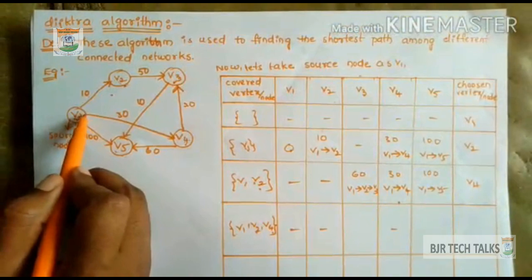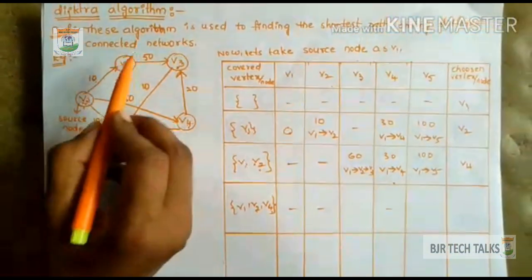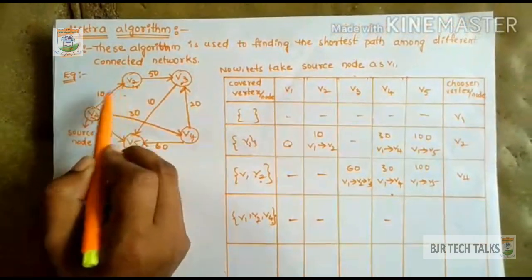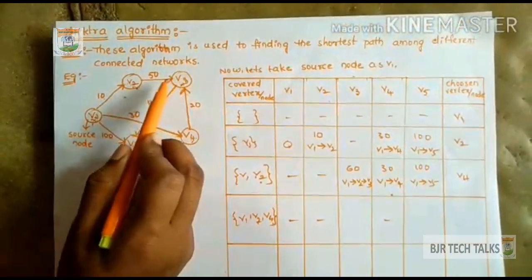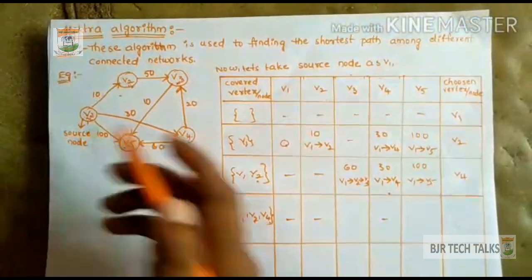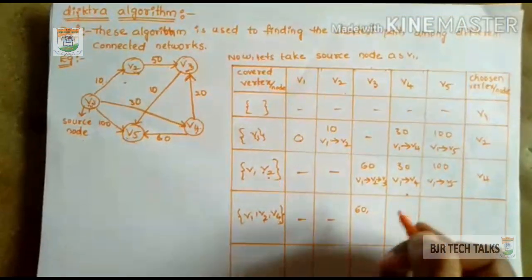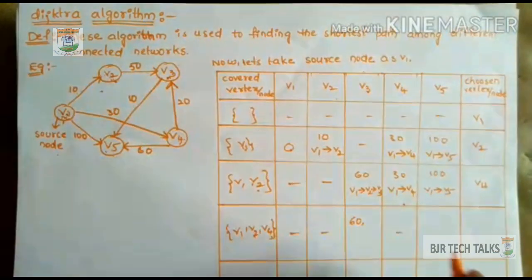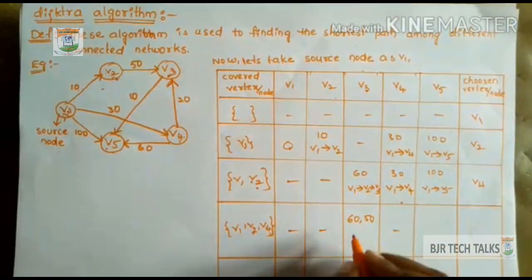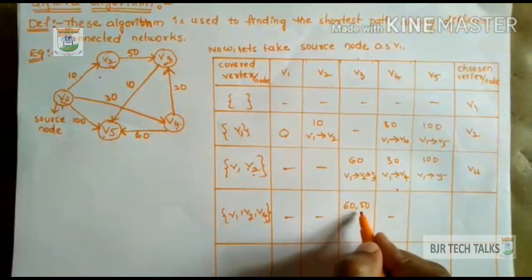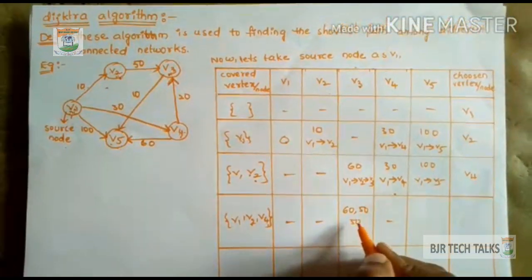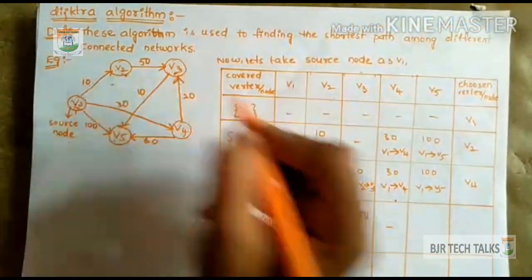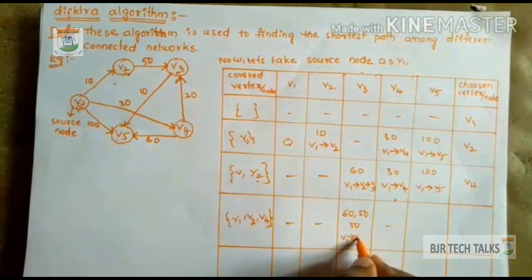But we check the shortest distance between these two ways. V1 to V2 is 10, V2 to V3 is 50, 50 plus 10, 60. V1 to V4 is 30, V4 to V3 is 20, 50. So 50 is the least distance, and we take this distance. The routing is V1 to V4, V4 to V3.